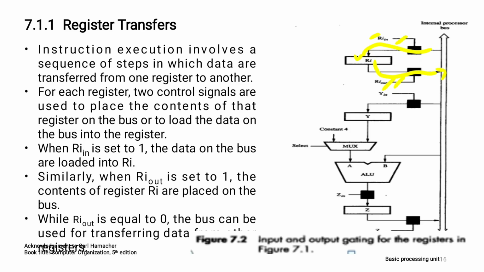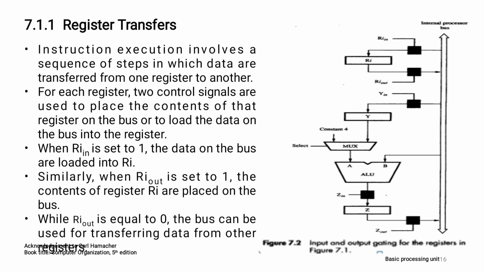Ri in and Ri out are the two control signals needed to operate that register. When Ri in is set to 1, the data is put into the register. When Ri out is set to 1, the content of register Ri is taken out and placed on the bus. So when Ri out is equal to 0, the bus can be used for transferring data from other registers. This is what is input and output gating for registers.